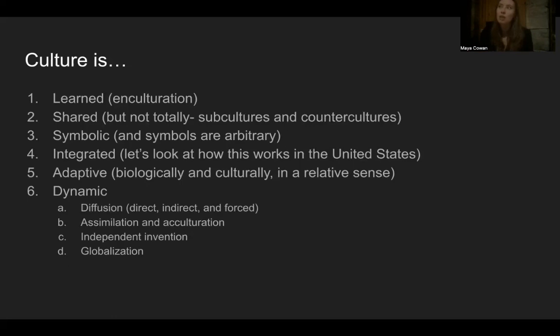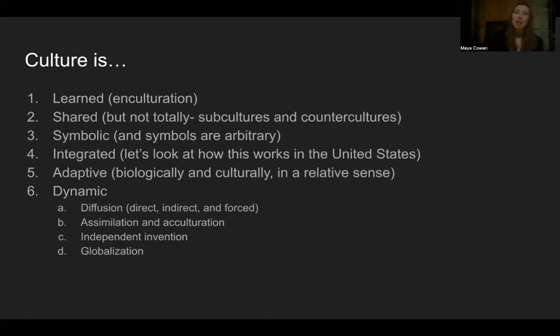So if you're living in an Arctic environment, there might not necessarily be a biological adaptation for your group, but the group might adapt by hunting animals that have particularly thick fur and then using those for clothing. That would be an example. And then that becomes your traditional clothing. It becomes part of your culture. So that's what I mean by cultural adaptation, as opposed to biological adaptation.